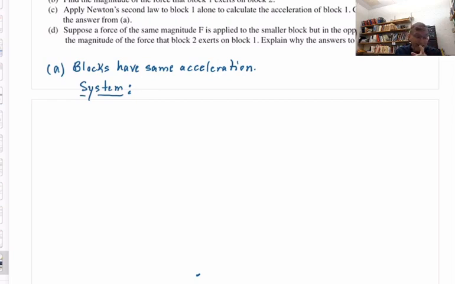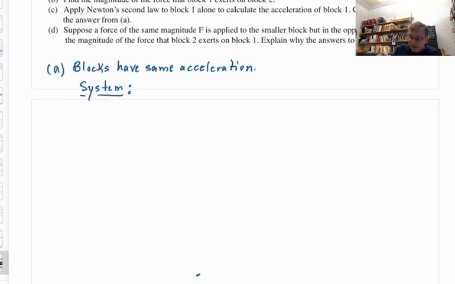You could pick block 1 only, if it's useful. You could pick the system to be block 2 only, if it's useful. Or you could pick the system to be the 2 blocks combined, if that's useful. But you have to figure out what you are going to pick for the system, state it overtly, so that everybody knows what you're doing, and then apply Newton's second law to that system.